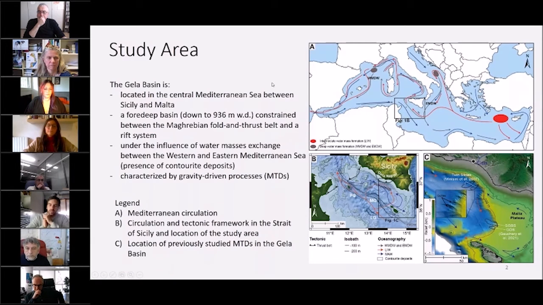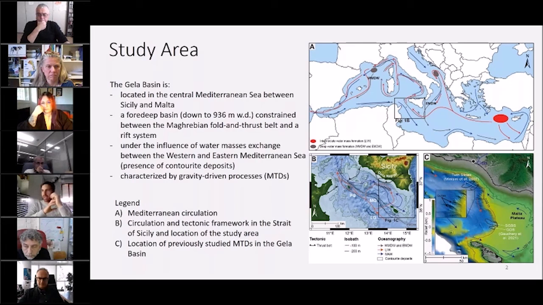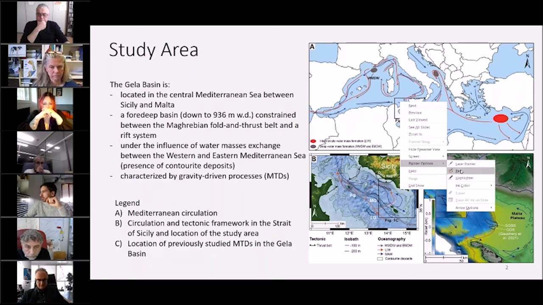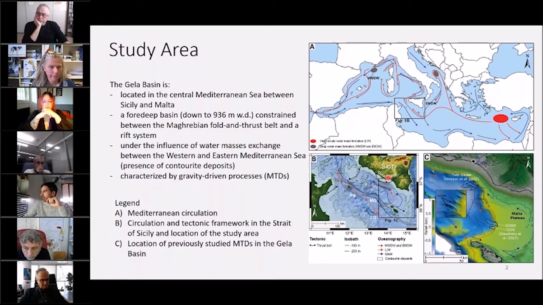Okay, so the Gela Basin is located in the central Mediterranean Sea between Malta and Sicily. It is a basin constrained by the Maghrebian Fold and Thrust Belt, which is a migrating thrust wedge whose last movement was in the middle-late Pleistocene.